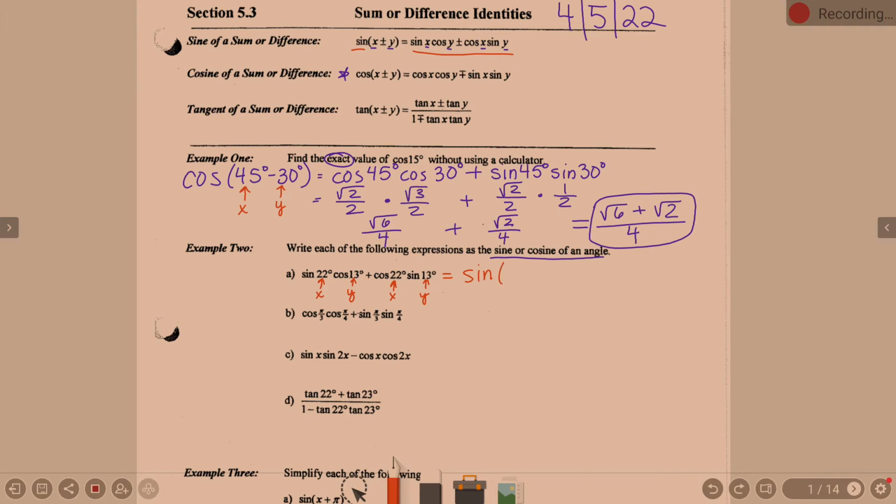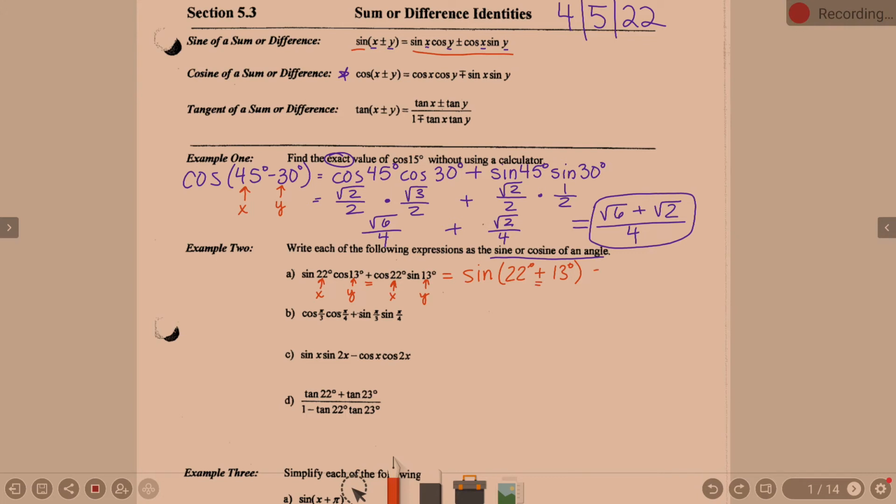Well, x is 22 degrees. Y is 13 degrees. Am I going to add or subtract those? Going to add them, because this fits the sine mold up there, it's plus or minus, plus or minus, so these signs here will match.